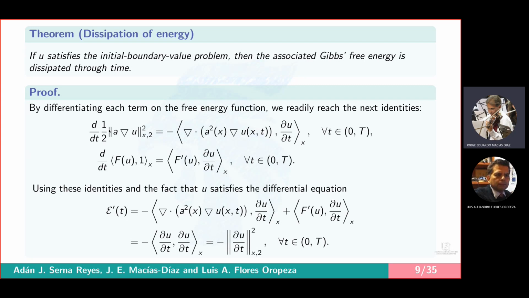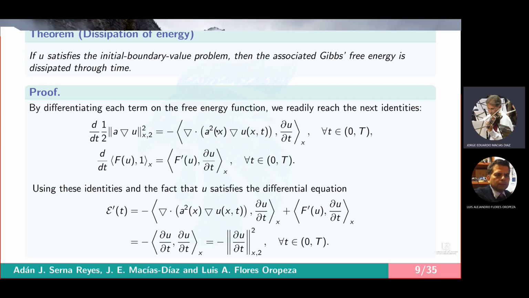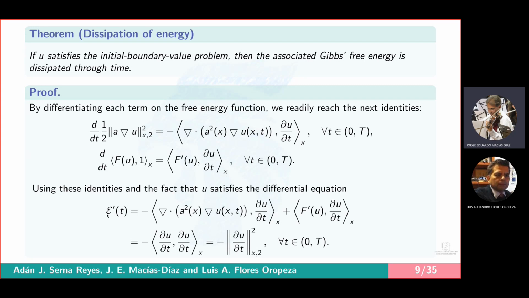After performing some derivations and algebraic simplifications, it's easy to see that the derivative of the energy with respect to t is minus the 2-norm of the partial derivative of u with respect to t, squared. And as you can see, this term is less than or equal to 0. Therefore, the energy is dissipated throughout time.